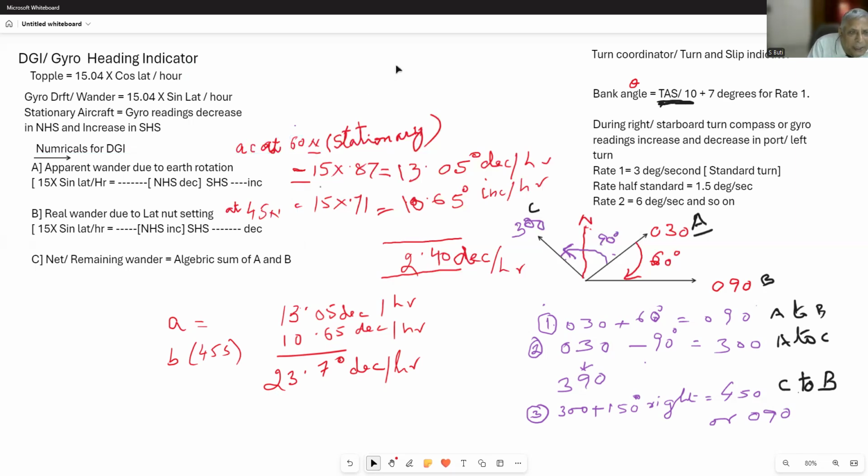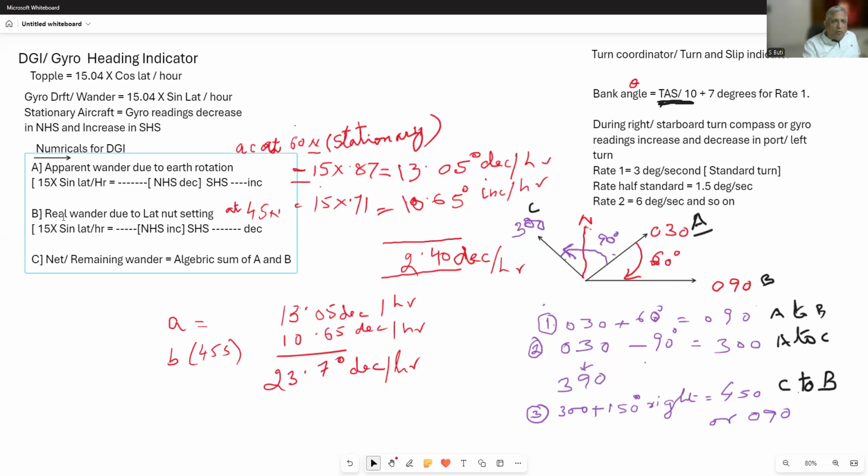Now let's do a numerical on a balanced gyro, in which you have set the latitude nut. If you set the latitude nut also at 60 degrees north, then your net wander is 0. But if you have set it anywhere else and you're flying on some other latitude, then there will still be a remaining or net wander.